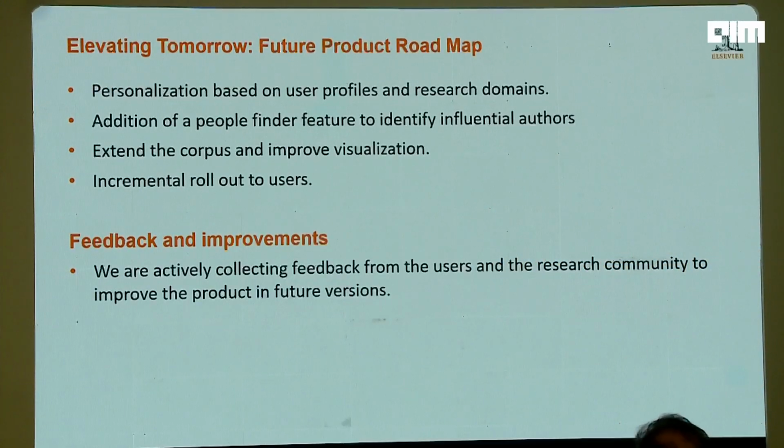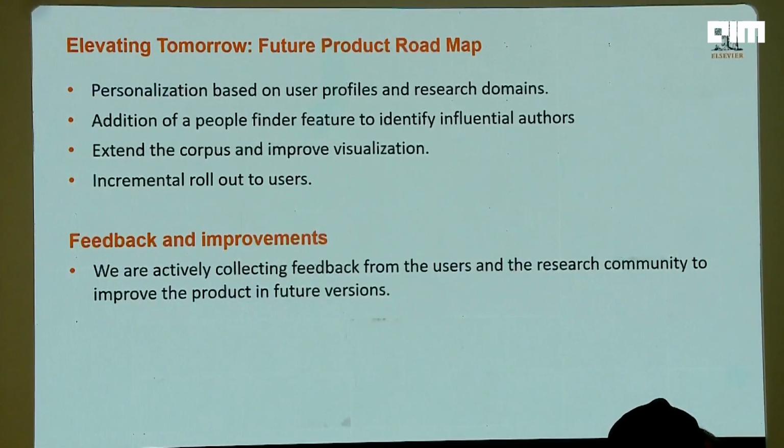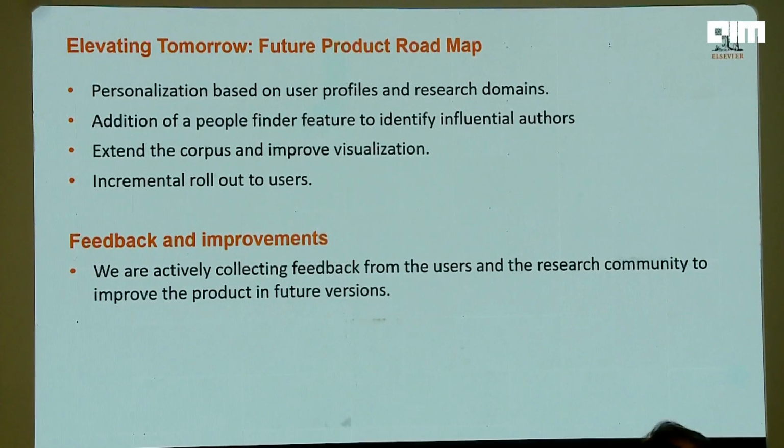Okay, about what we have in our roadmap for the near future. The first is, right now we are dealing only with abstracts. We are not dealing with any profile or author-related information. As a Scopus user, you could be working on one or multiple domains or disciplines.